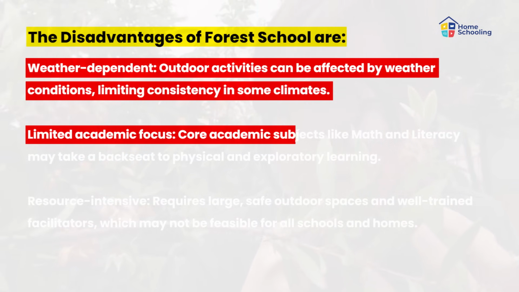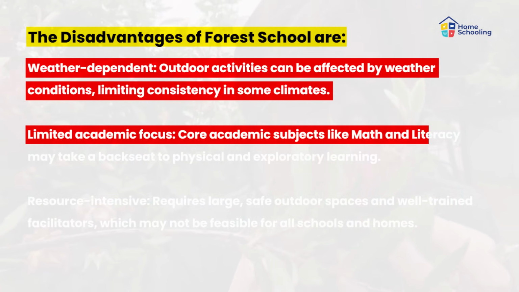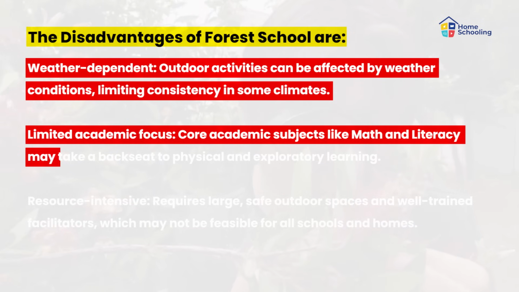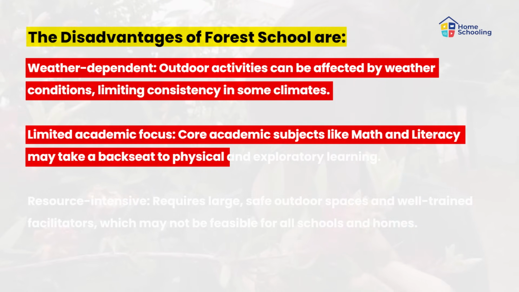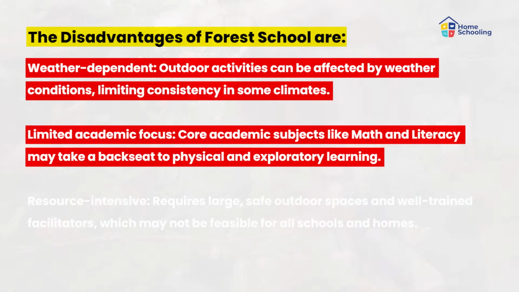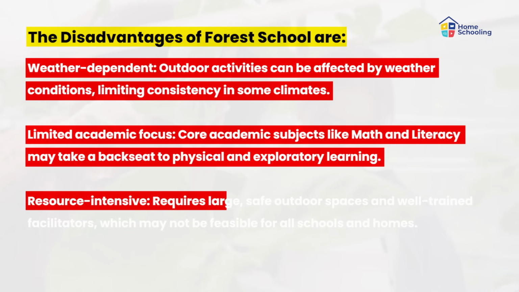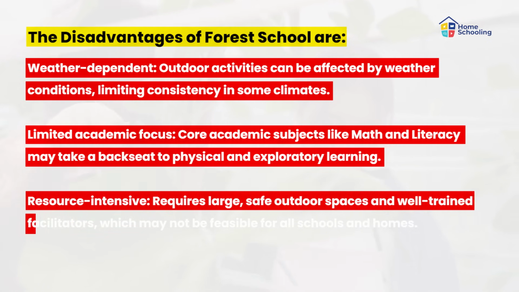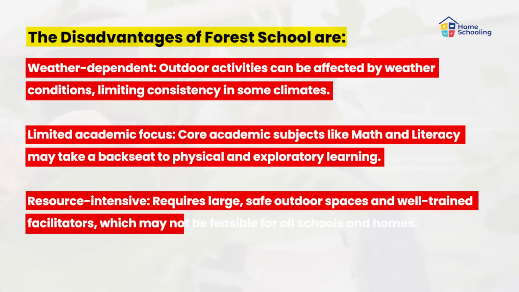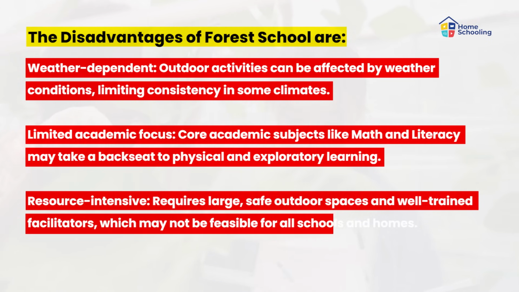Core academic subjects like math and literacy may take a backseat to physical and exploratory learning. Resource intensive. Requires large, safe outdoor spaces and well-trained facilitators, which may not be feasible for all schools and homes.